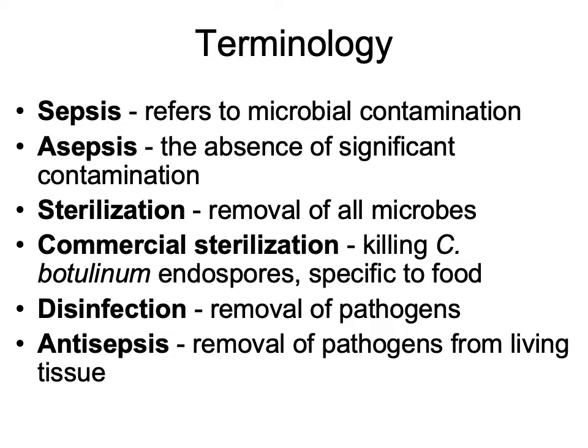Sterilization, when we are talking about the control of microbial growth, means the removal of all microbes. If something is sterile, that means it has had all of the microbes removed. Commercial sterilization is specific to food.